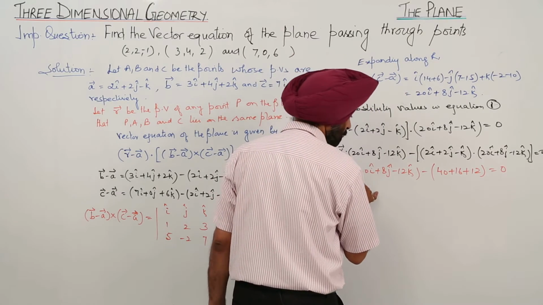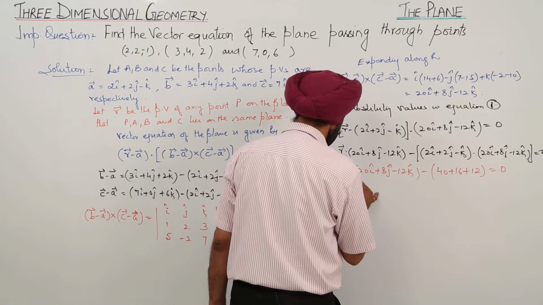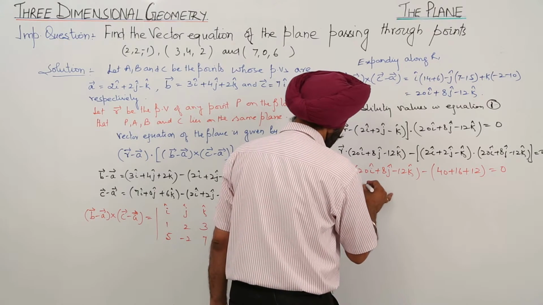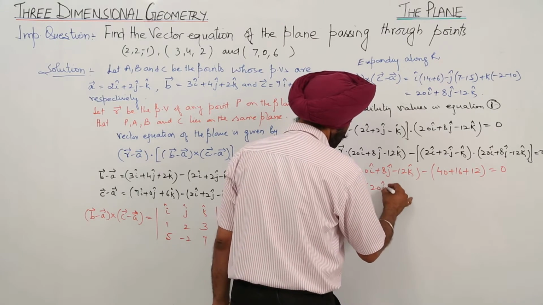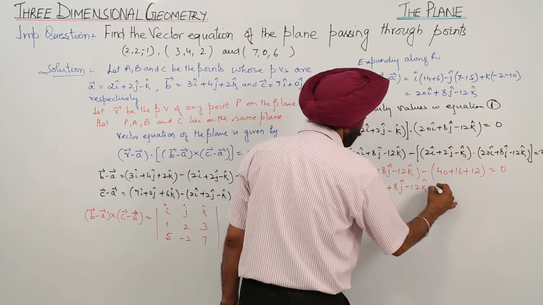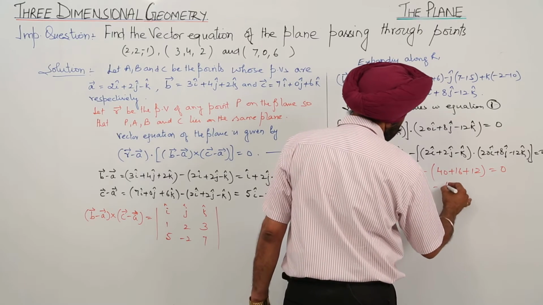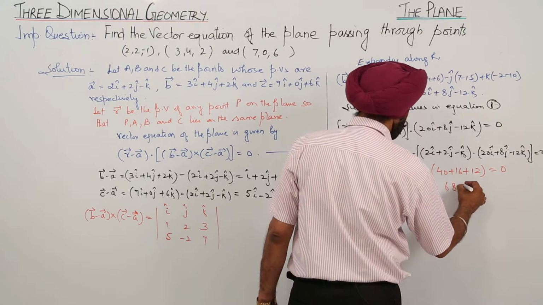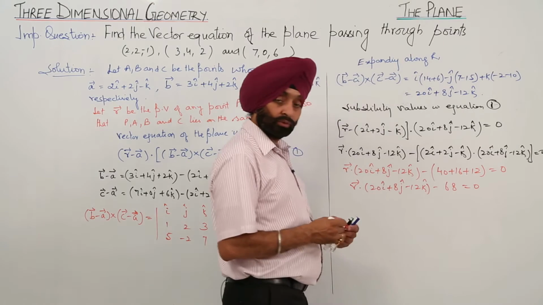Now vector R dot 20 i cap plus 8 j cap minus 12 k cap minus 68 is equal to 0.